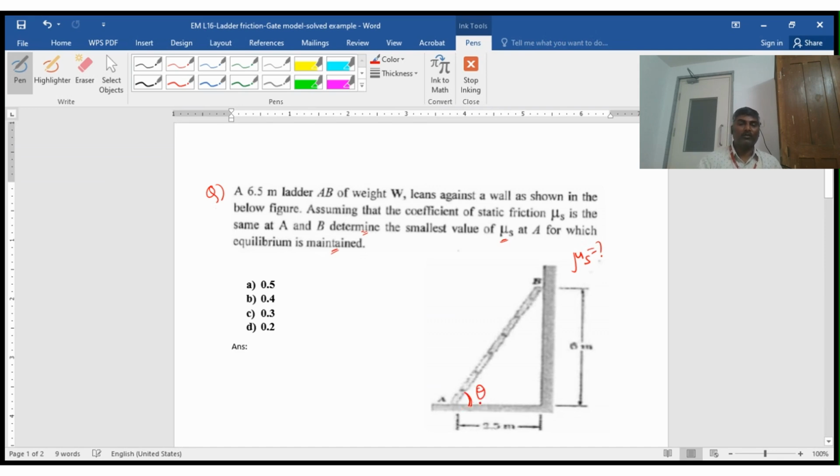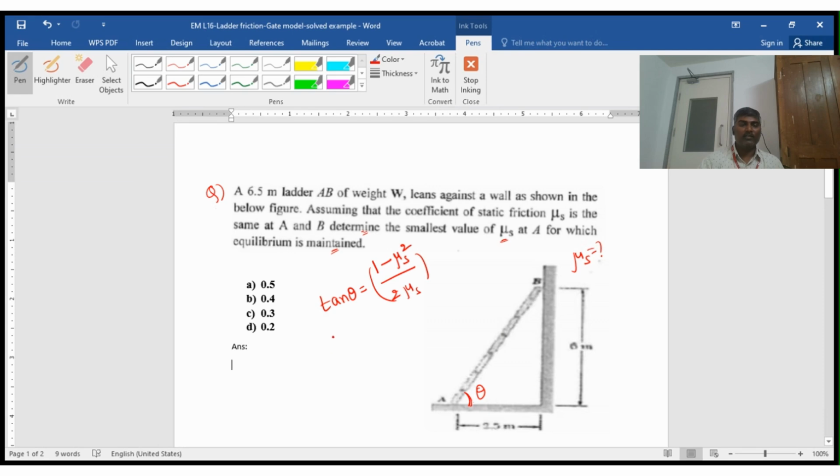I take tan theta of it, so it is (1 minus mu s square) divided by 2 times mu s. This is the relation between the coefficient of friction between the ladder and wall and floor, and the angle made by the ladder with the floor. Keep this in mind.